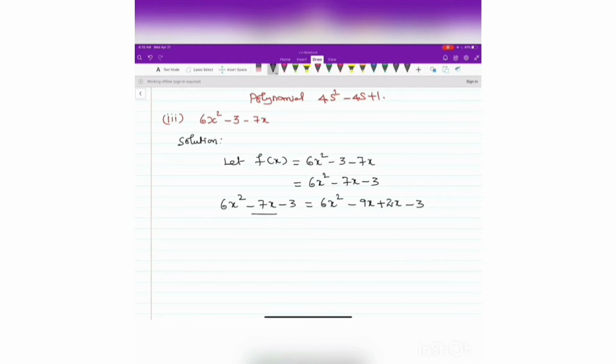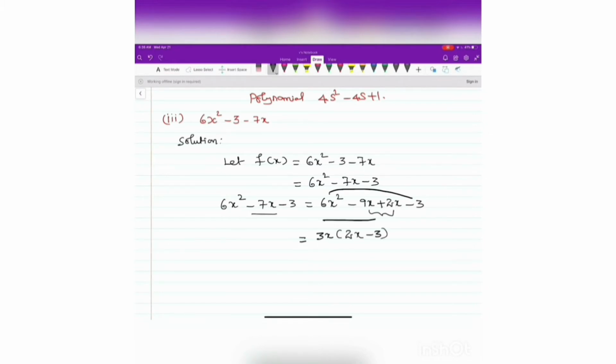So when I multiply these two terms, I will be getting the product of the first and the last terms. Now, combining the first two, that is 6x square minus 9x, I can take out 3x. Then inside I will have 2x minus 3.